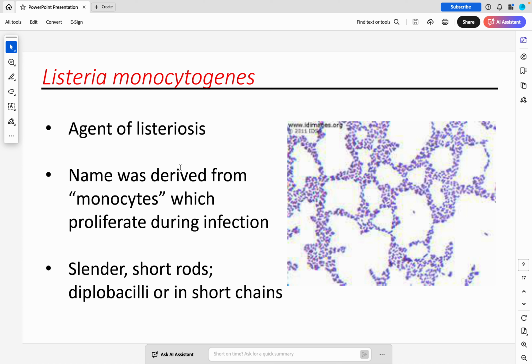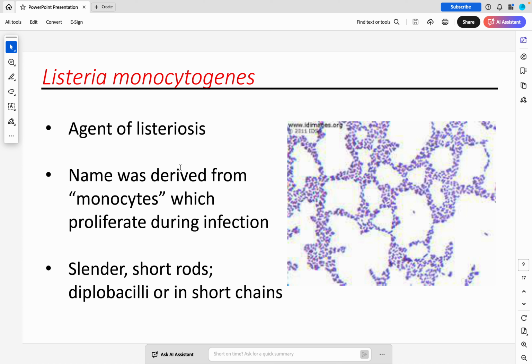Okay, now let's have a look at the last medically significant non-spore forming bacillus. So let's have Listeria monocytogenes. L. monocytogenes causes the infection listeriosis.